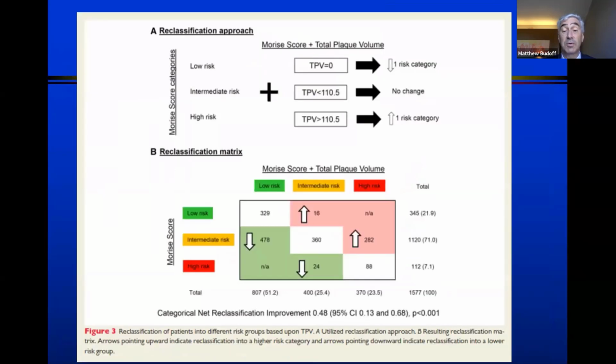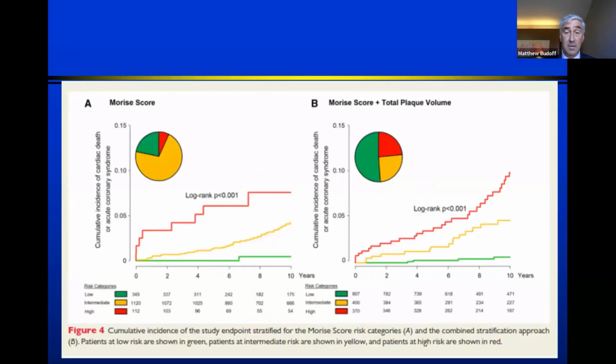So plaque volumes can predict outcomes and can help us with net reclassification. You can see the up arrows demonstrating where the total plaque volume was greater than 110, increasing the net reclassification, and in green, those patients who had zero plaque, decreasing or reclassifying patients correctly.